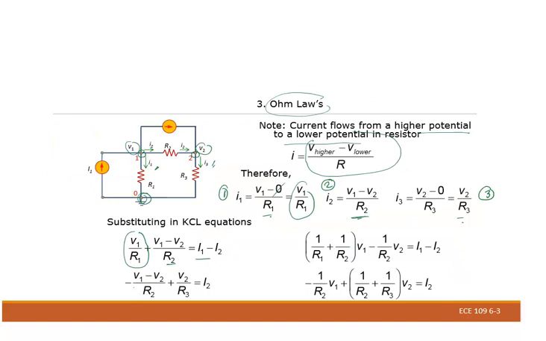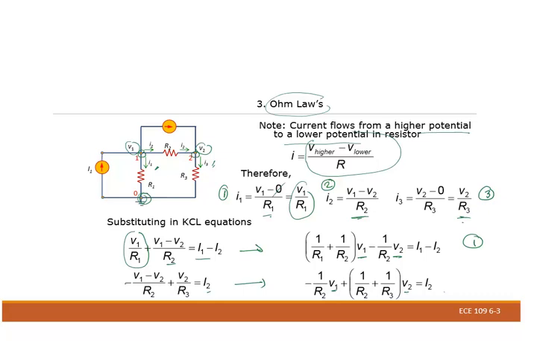So negative i2 means negative (V1 minus V2) over R2, plus i3 which is V2 over R3, equal to capital I2. We can combine terms under V1 and V2 in the first equation, and the same in the second equation.